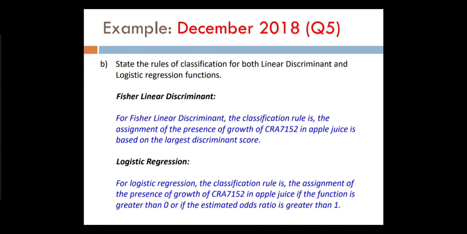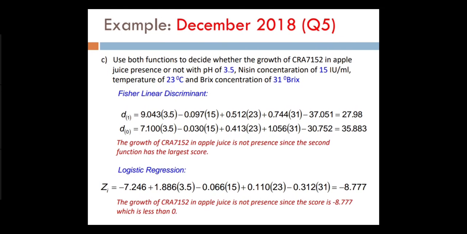Okay, the next one. Use both functions to decide whether the growth of CRA in apple juice is present or not, with pH of 3.5, niacin concentration of 15, temperature of 23, and bridge concentration of 31.